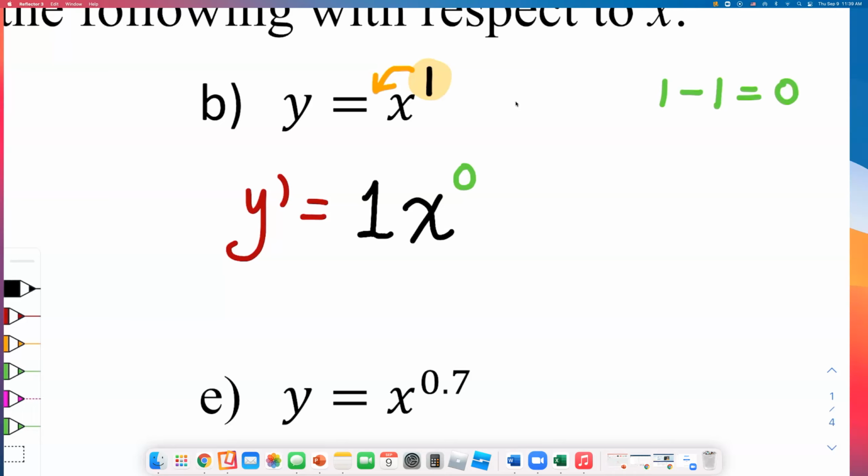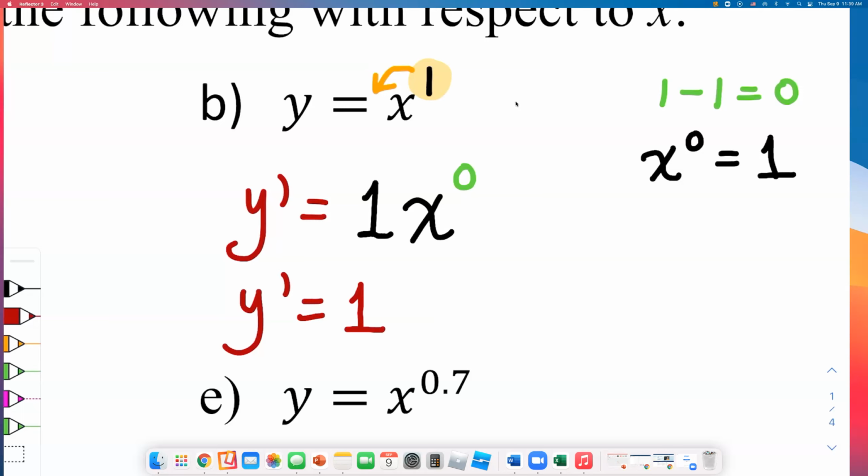Ask somebody, half of the time people will say 0. It's not. X to the 0 power is actually 1. Anything to the 0 power is 1. So y prime is 1 times 1. It's simply 1. Okay? So anytime you have to find a derivative of x, it's just going to be 1.